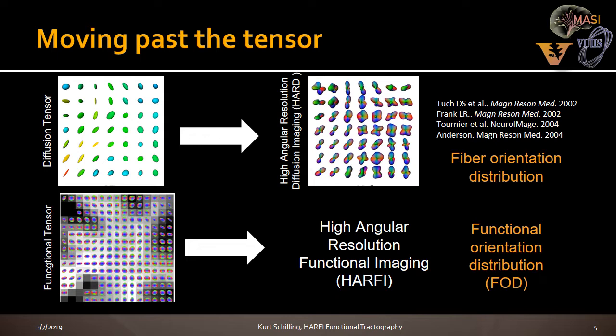So in the same way that HARDI improved upon the diffusion tensor, this work takes the functional tensor and attempts to capture a high angular resolution functional imaging metric that we refer to as the functional orientation distribution.